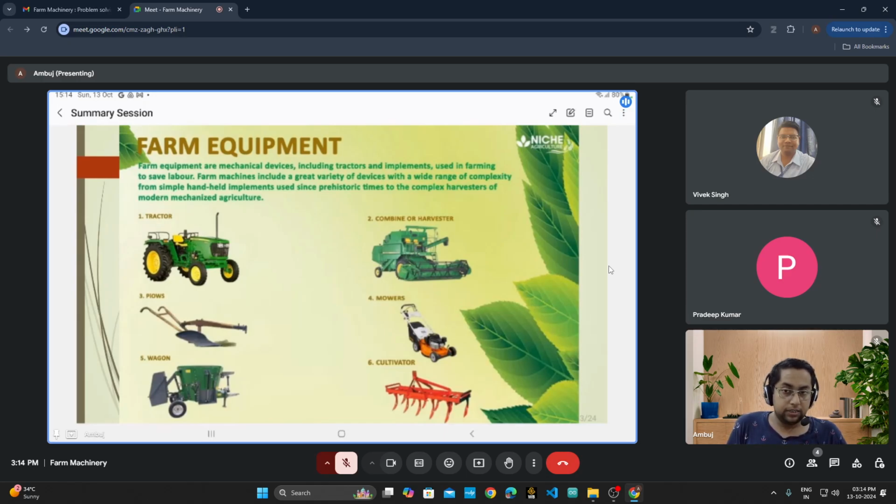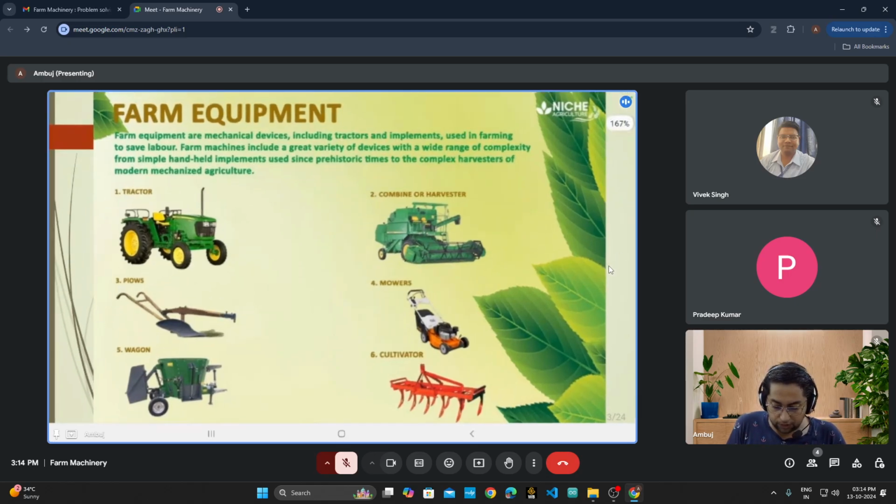In the examination, if a theoretical question is asked regarding any farm equipment, you should be in a position to write what the principal operation is, what the principal components are, and you should be able to draw a somewhat rough figure also. That would be very helpful for you.